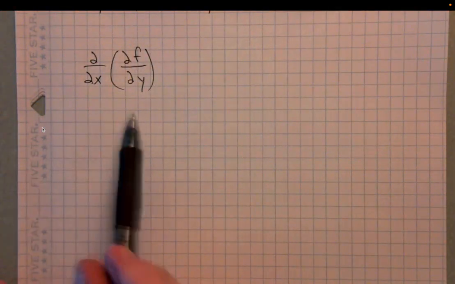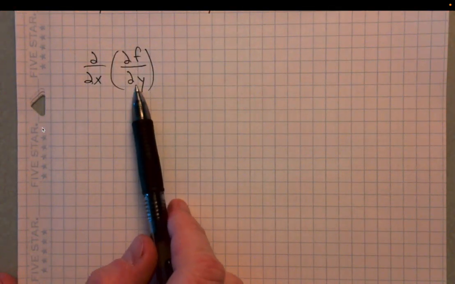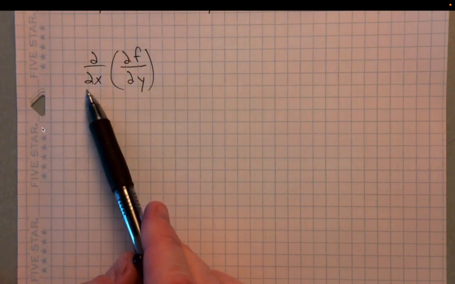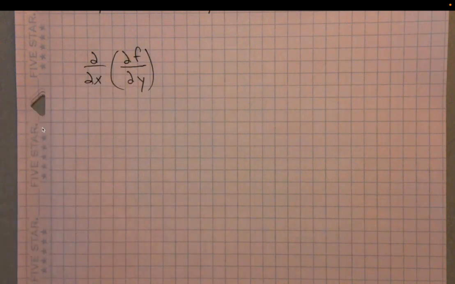So it's like taking a higher order derivative, except on the second differentiation, you differentiate with respect to a different variable.